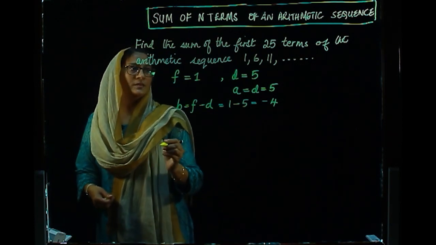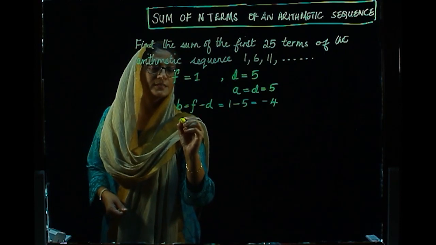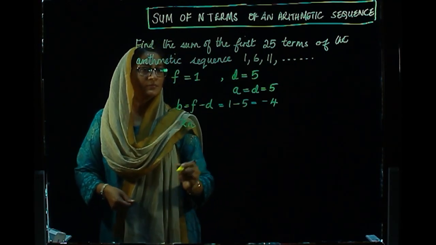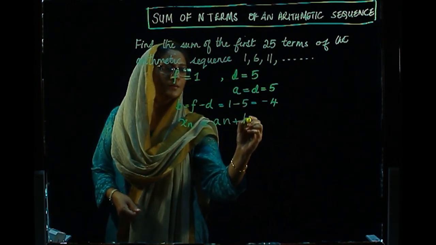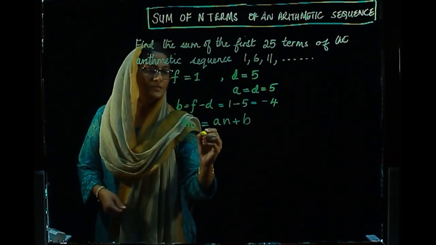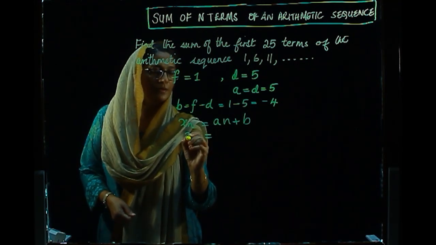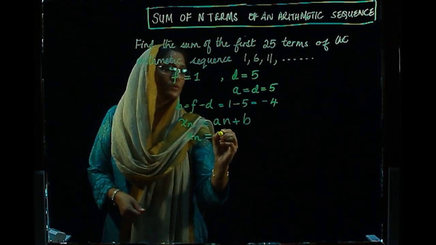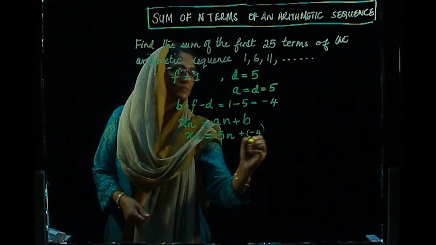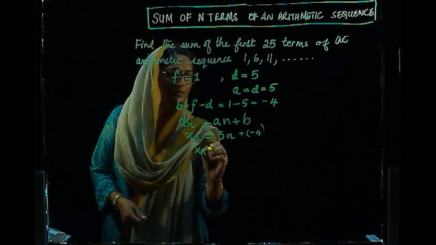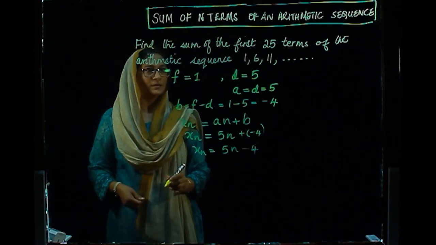Now we can find the algebraic expression for the nth term. Let's find xn. Xn, as we have seen earlier, is an plus b. Substituting the values of a and b, we have xn is equal to 5n plus minus 4. Let's write it as xn is equal to 5n minus 4.